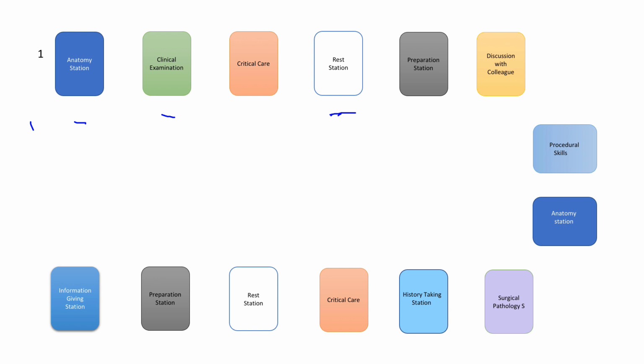You just rest, and then there is a preparation station. There are two preparation stations, and these are followed by information giving stations. So in these preparation stations, you have notes of a patient. Like the task outside says you will read the notes of this patient, and then you read the notes.